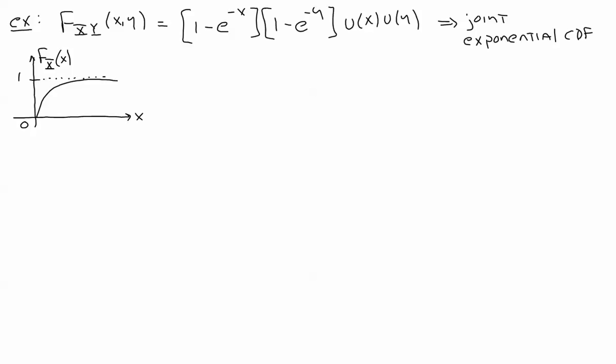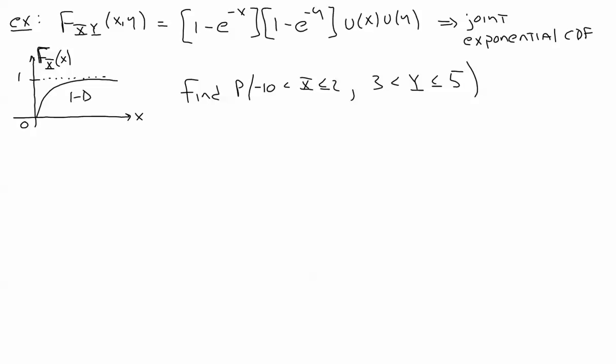That's sort of a 1D version of my joint CDF. That's in just X, and that's supposed to be a capital F. Okay, that's a capital F. And what I'm going to ask is, what is this probability?